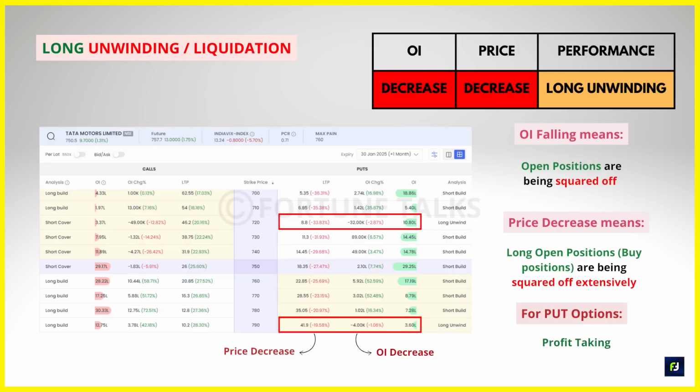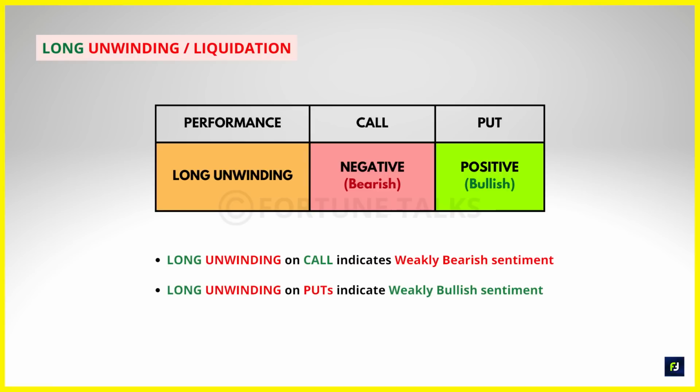They might believe that the market has stabilized or is expected to improve, reducing the necessity to hold options that benefit from a decline. So the prices of put options may decrease as a result of the selling pressure. So for the call side, long unwinding is viewed as a negative event, while for the put side, it is viewed as a positive event.